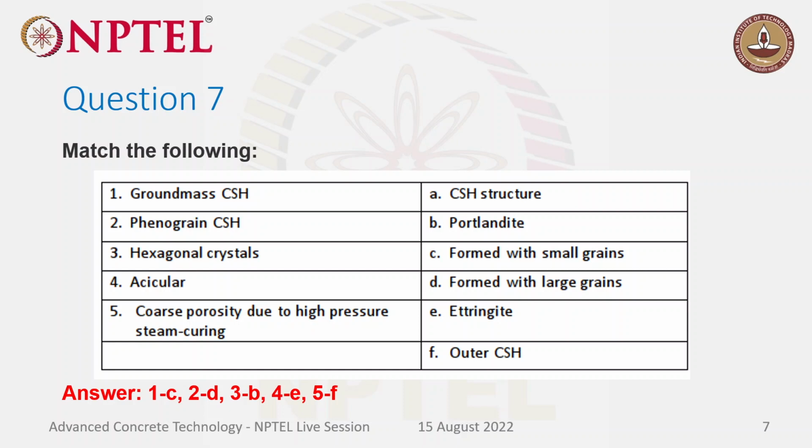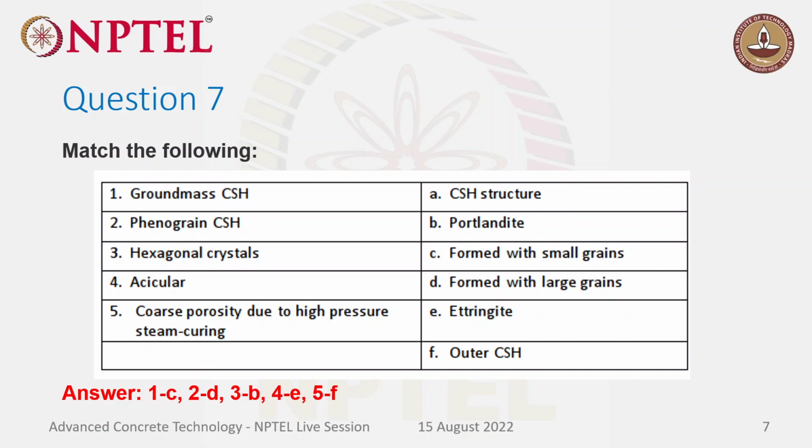Then obviously we know Portlandite is hexagonal in shape, so option 3, hexagonal crystals, will match with Portlandite. And coming to acicular, ettringite shape is acicular, so obviously option 4 goes with option E. And then the fifth one, coarse porosity due to high pressure steam curing, is nothing but outer CSH, because mostly due to high pressure, it will undergo dissolution.